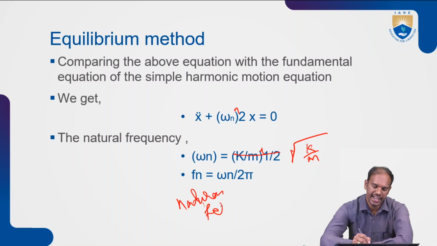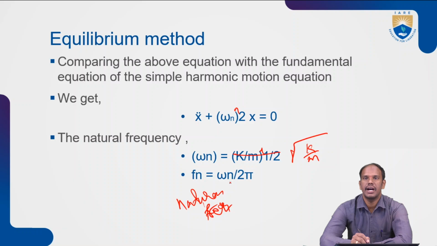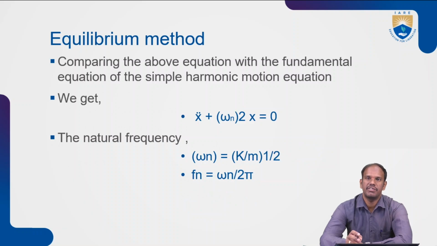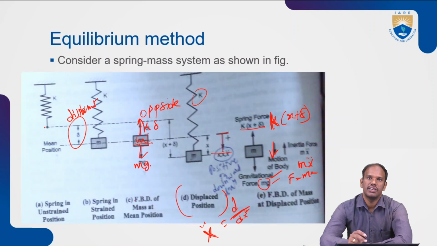So Fn, which is the natural frequency, we can write as omega n by 2 pi, replacing it with the terms of k by m. We saw how the natural frequency equation is derived from the example of a spring mass system suspension, F equals ma.